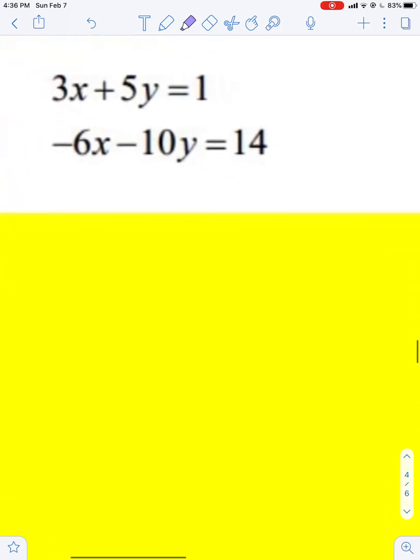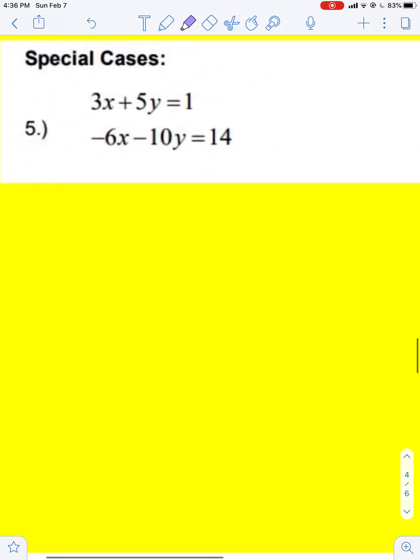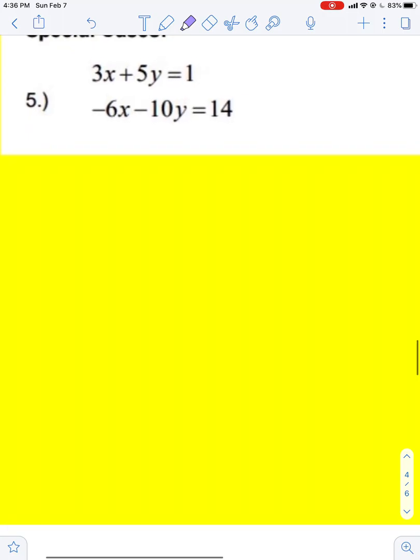So down here, we're going to go into some special cases, and you will see these on your assignment for this week, so make sure you're paying attention. So in this case, I'm going to multiply this top one by 2 so I can get 3x to 6x. And that's going to give me 6x plus 10y is equal to 2.